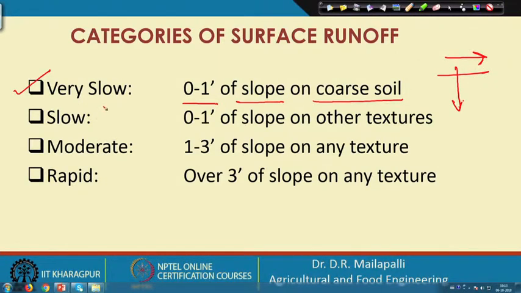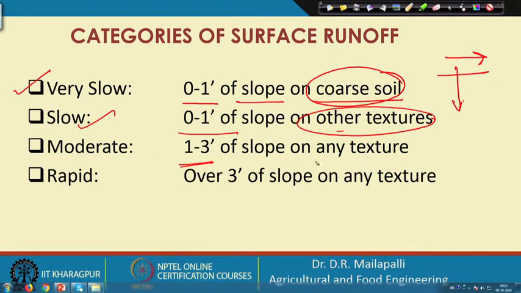That is why the runoff in coarse soils is very slow, whereas in other texture soils with a slope from 0 to 1, it is called slow. A 1 to 3 feet slope in any texture we call moderate, and over 3 feet of slope on any texture we call rapid.